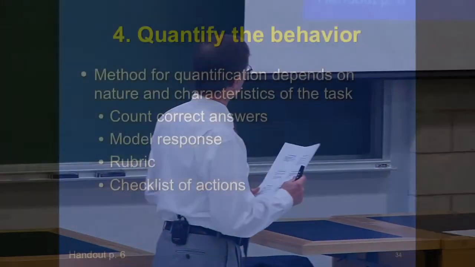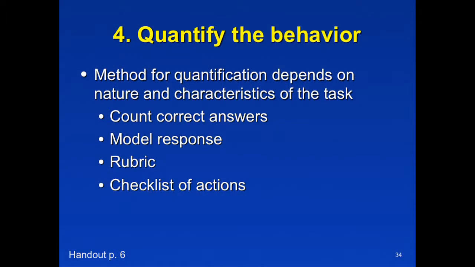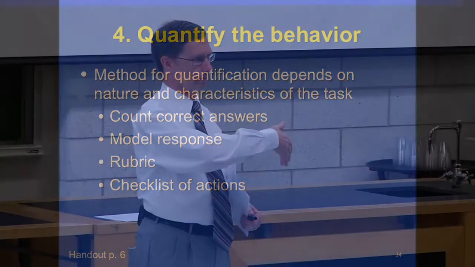So once you have defined and captured the behavior, you need to quantify it. There are lots of methods for quantification. Even simple things like your informal judgment of, okay, that was good, this wasn't so good.